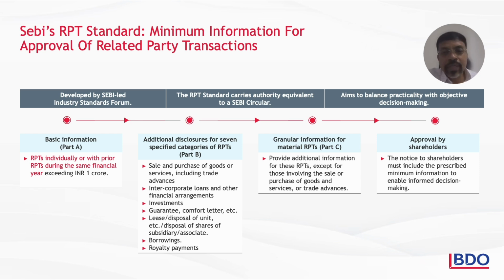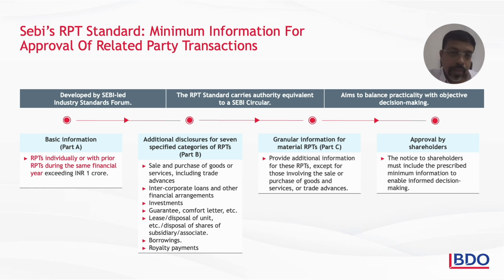It fundamentally discusses, in one section, the approval required from the audit committee and the minimum information that needs to be provided to the audit committee. On the other side, it deals with the approval required from the shareholders and the minimum information that needs to be provided to the shareholders.